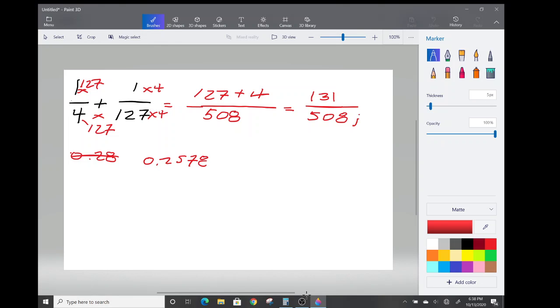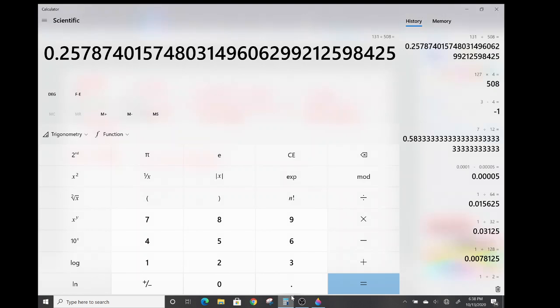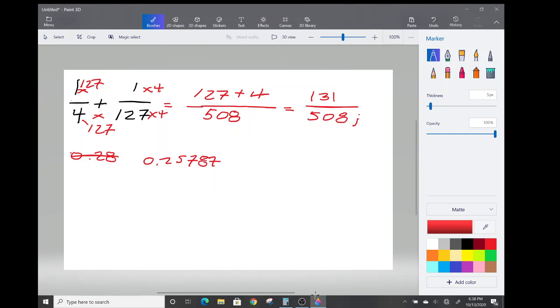Did I even get that right? 0.25787. Yeah, looky there. So, this is our answer in decimal land. That's our answer with how we did our fraction. And then this is the decimal equivalent.